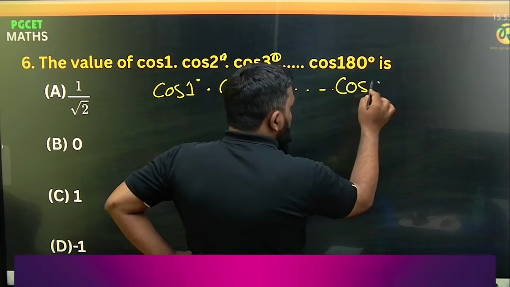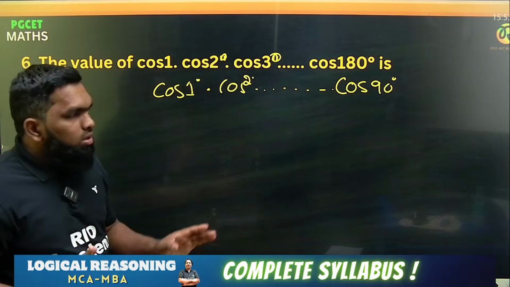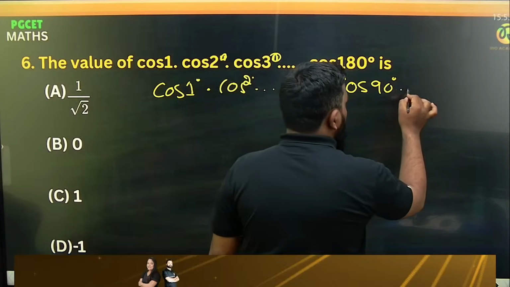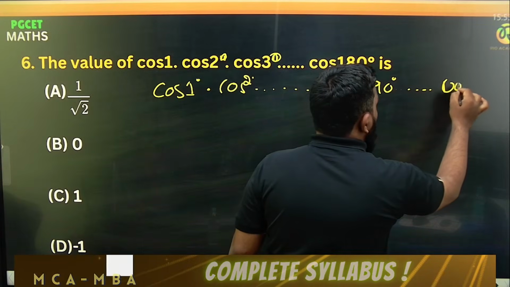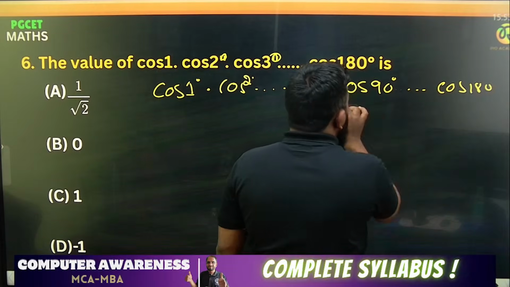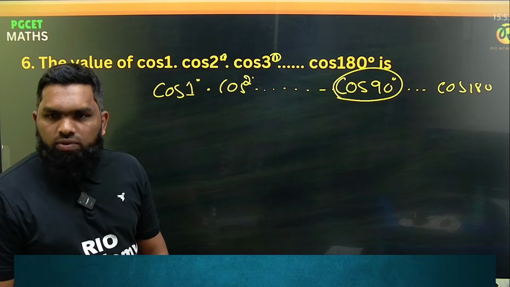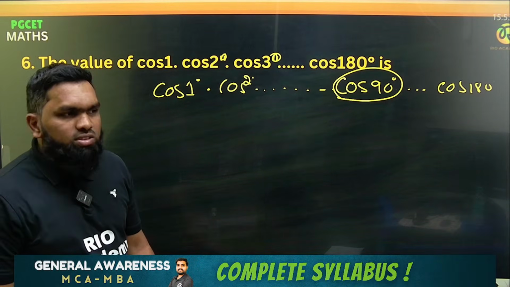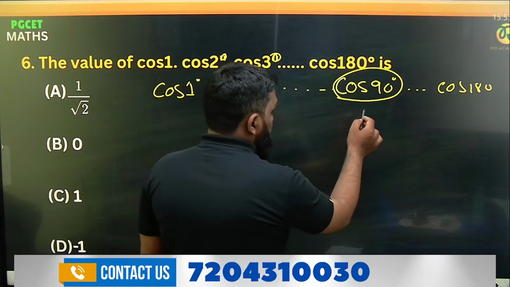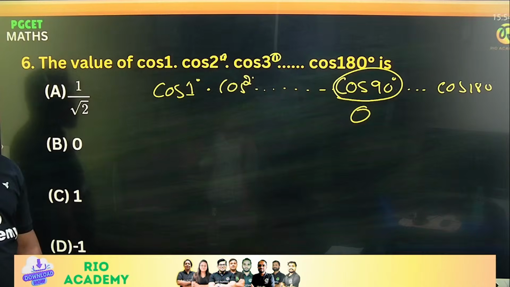In between them, cos 90 will also come. Now cos 90 degree and so on up to cos of 180 degree. We know that the value of cos 90 degree is 0.